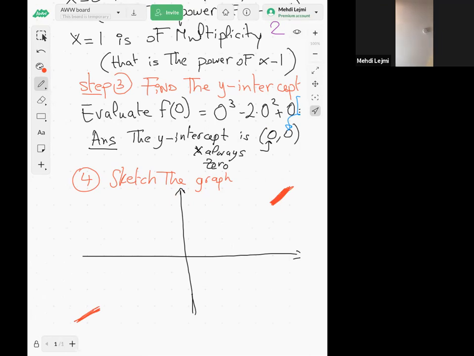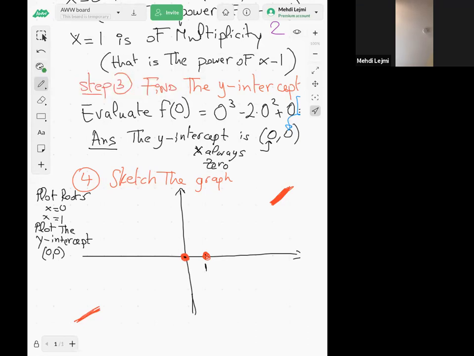And then we have to plot the roots. We said we have x equal to 0 and x equal to positive 1, so I'm going to need positive 1 here. This is my 0. So here's 0 and here's positive 1. Now I'm going to plot the y-intercept, but the y-intercept is just the origin. It's the same as my root, just 0, 0.